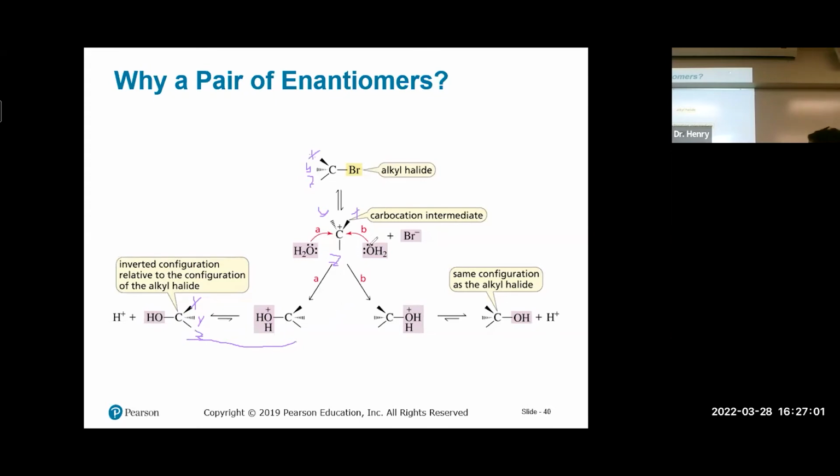If it attaches between the X and the Z, we're going to get this enantiomer, right? Same product, but different orientations.